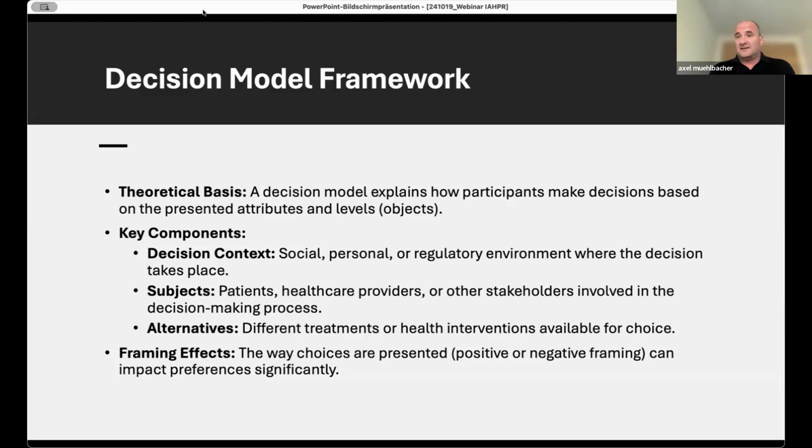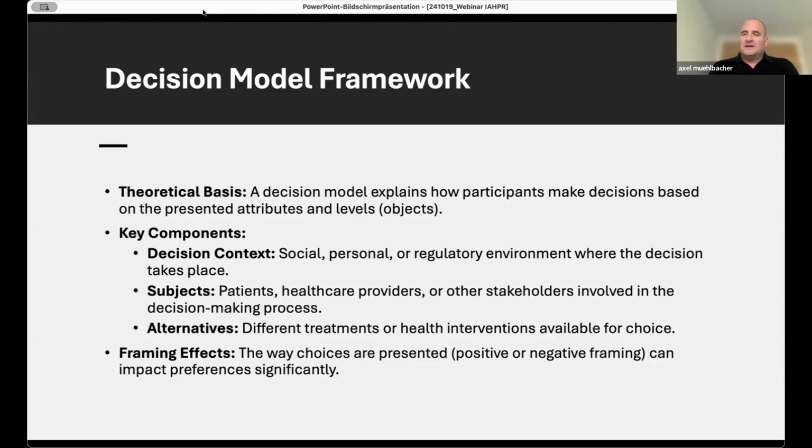The decision context could be social, personal. It could focus on the regulatory environment within a clinical decision-making process. And within this decision model, we start off explaining what the decision context is. We do have to be clear about what the subjects are.